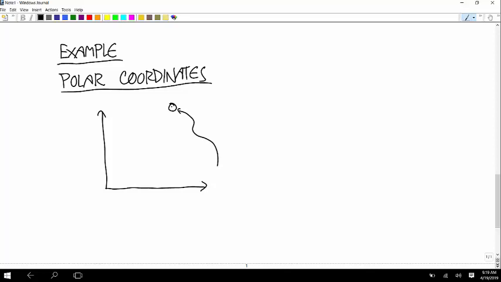And you measure its location as a distance r from the origin and an angle theta counterclockwise from your sort of implied x-axis.